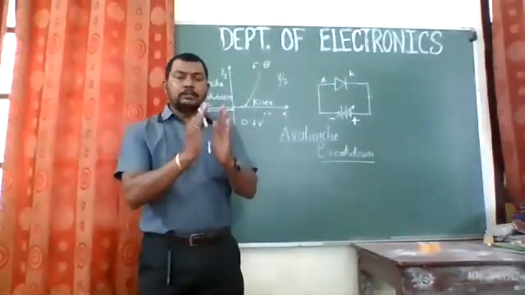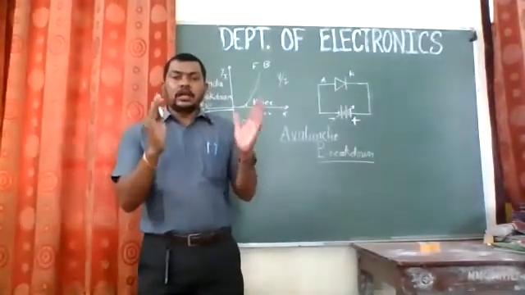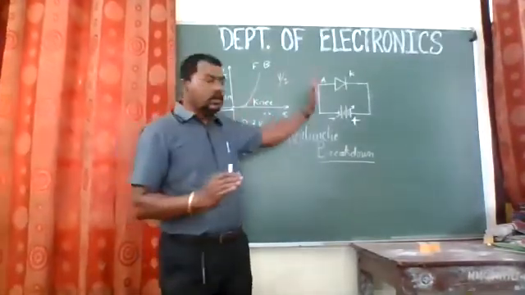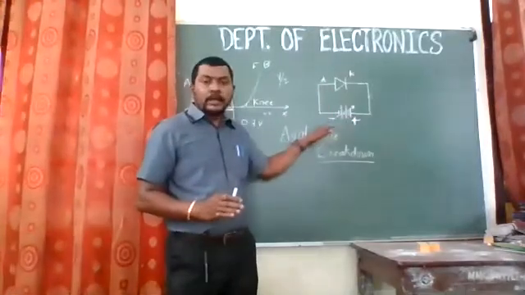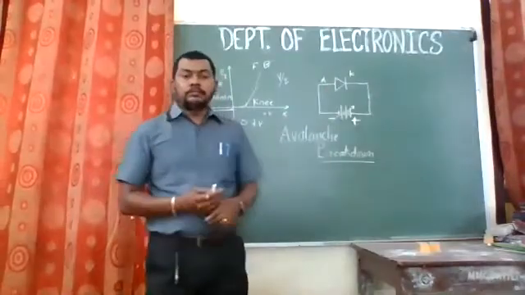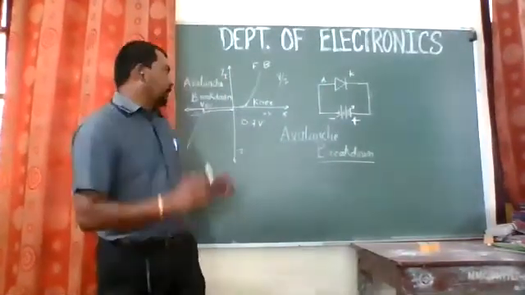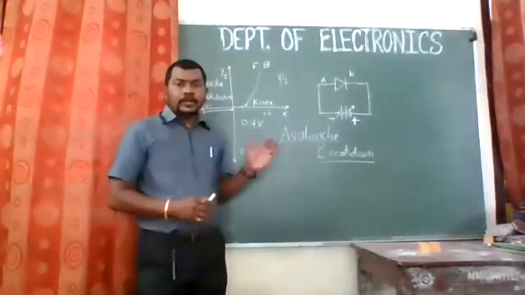Then what happens? The depletion layer will go on increasing. So the current does not flow in this position. While biasing the PN junction diode in reverse bias, the current does not flow through it. Okay, so what happens inside?